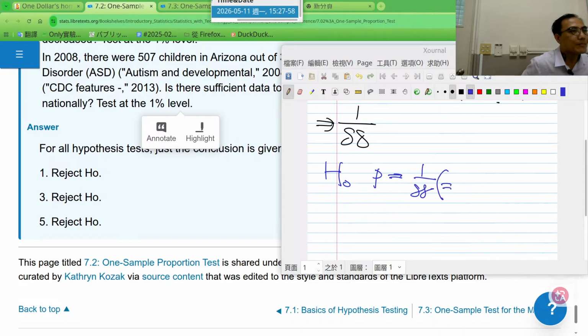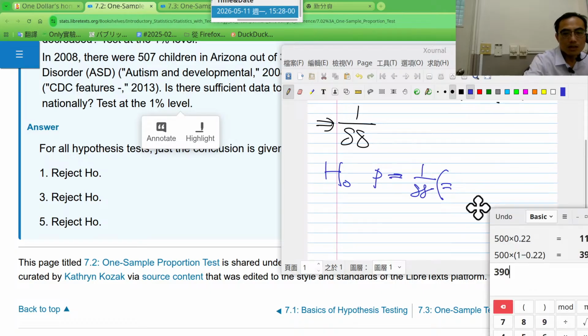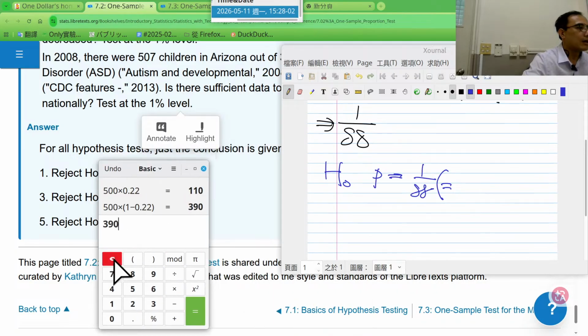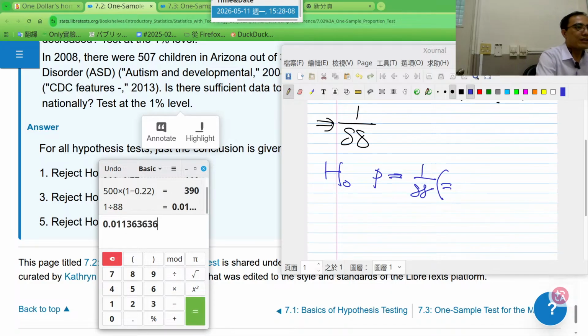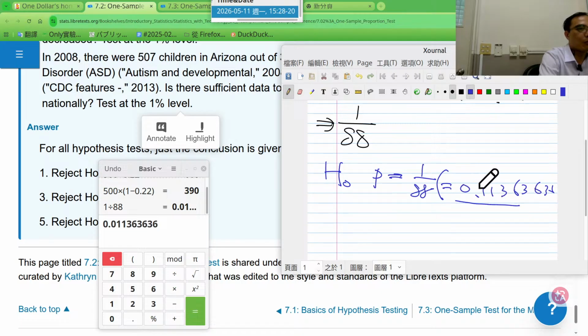That would be 0.11363636. Maybe we can take 0.1136.